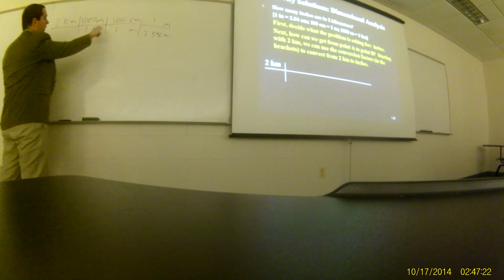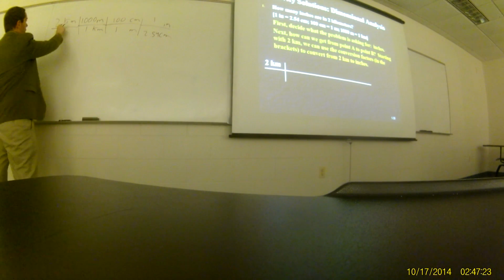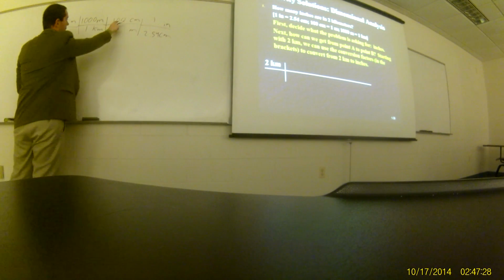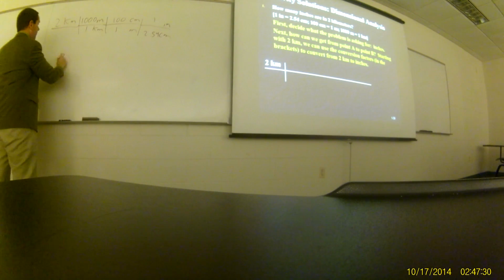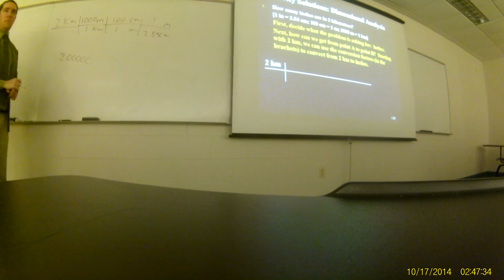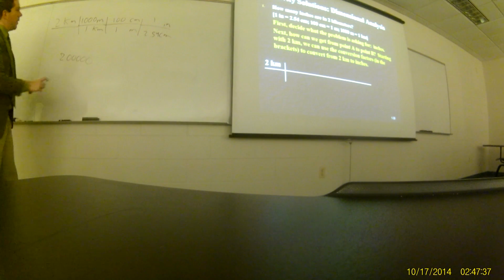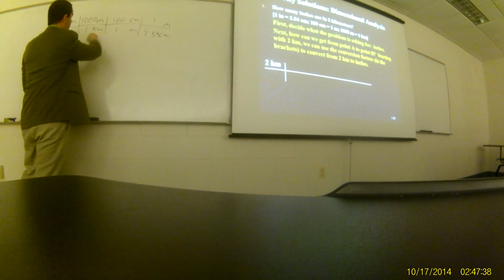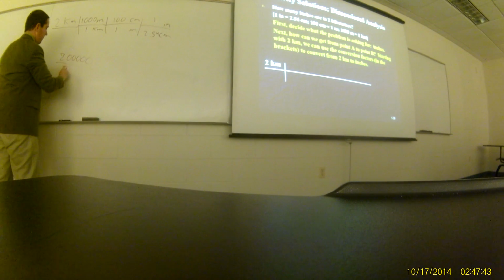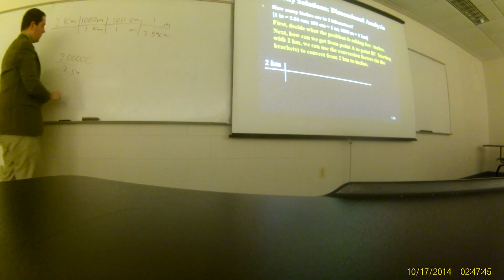So I'm going to multiply everything on the top. 2 times 1,000 is 2,000. Times 100 is 200,000. So I have 200,000 on the top. Then on the bottom, I have 1 times 1 times 2.54, 2.54.